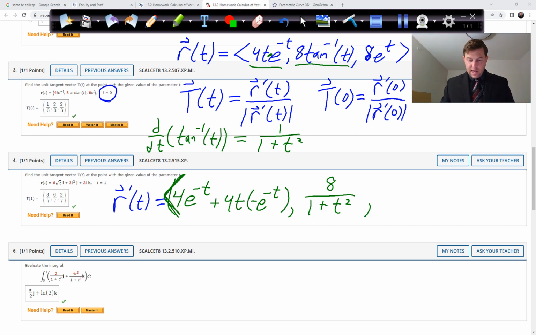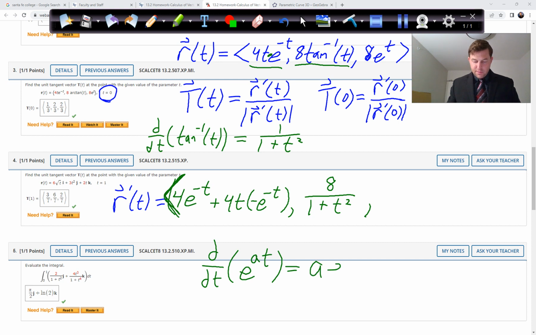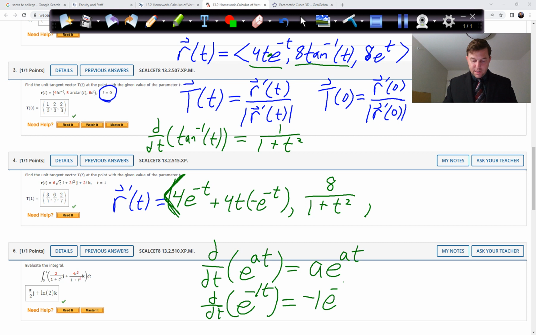Okay, then the last term. I kind of did this in the last one without too much fanfare: the derivative with respect to t of e raised to a times t is just a times e to the at. So when a was minus 1, like in the second part of the first coordinate, if I have e to the minus 1t, then the minus 1 comes down, and it's just minus e to the minus 1t.